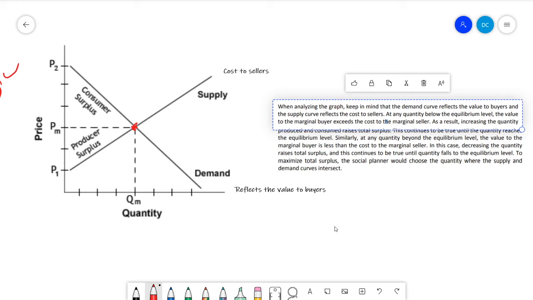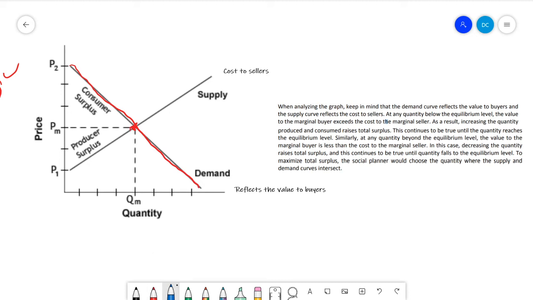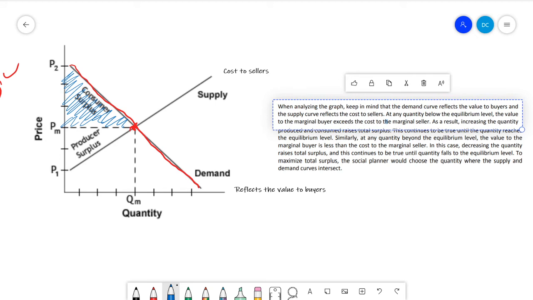The willingness to pay is equal to the buyer's valuation of the product we're talking about. If you remember from the previous video, the demand curve slopes downward. If the price would be here, this is the consumer surplus. This is the benefit that the consumer can get if the price point is here.